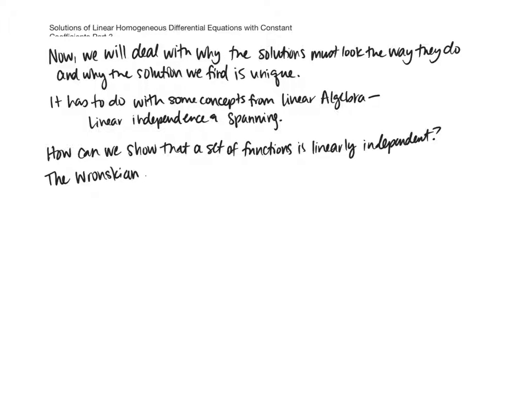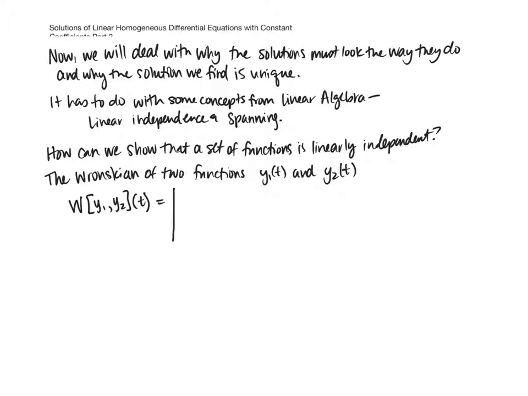Let's say the Wronskian of two functions, y1 of t and y2 of t, is given by this, and here's the notation: the Wronskian of y1 and y2. The Wronskian is actually another function of t, and that's going to be determined by this determinant.